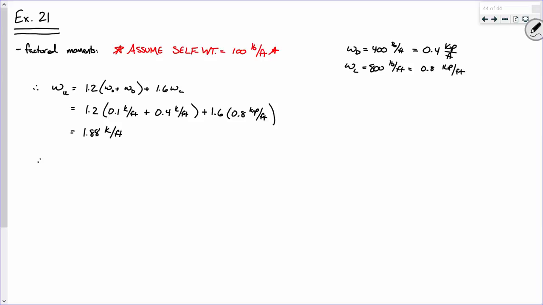So therefore, our bending moment is that times the length of 60 feet. 60 feet, not 6 feet. Put up here, now it's 60 feet.